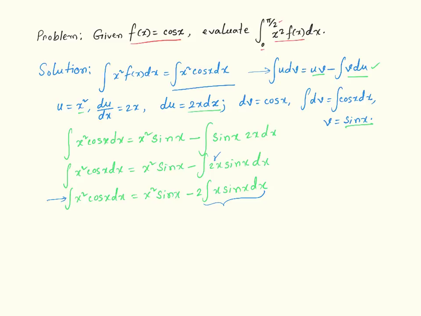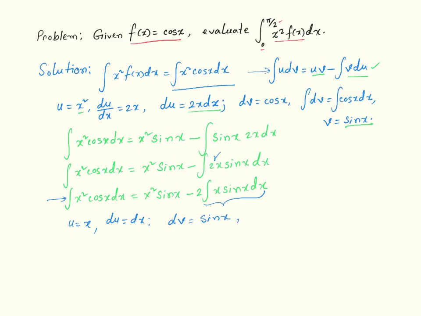Now I'm going to apply integration by parts again. In the first case I applied it once, now I'm going to apply it a second time. This time my u is going to be x, so du is going to be equal to just dx, and my dv is going to be sine of x.